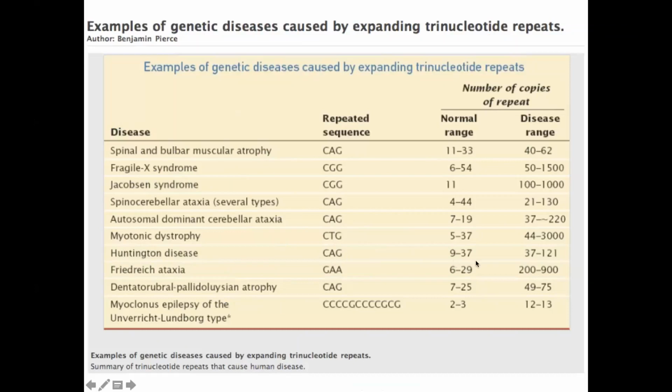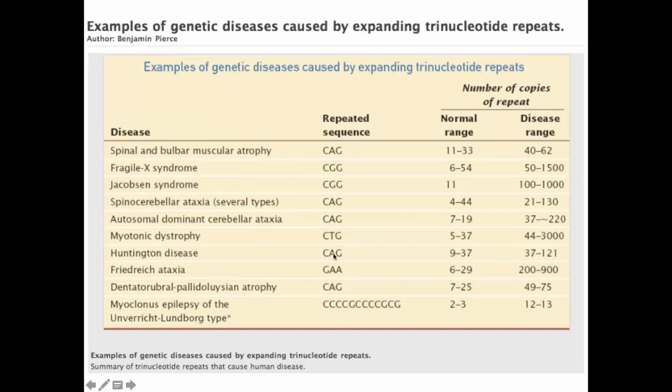So the normal allele that a normal healthy individual carries for this particular gene, the gene responsible for Huntington disease, carries anywhere between 9 to 37 tandem copies of this CAG sequence.